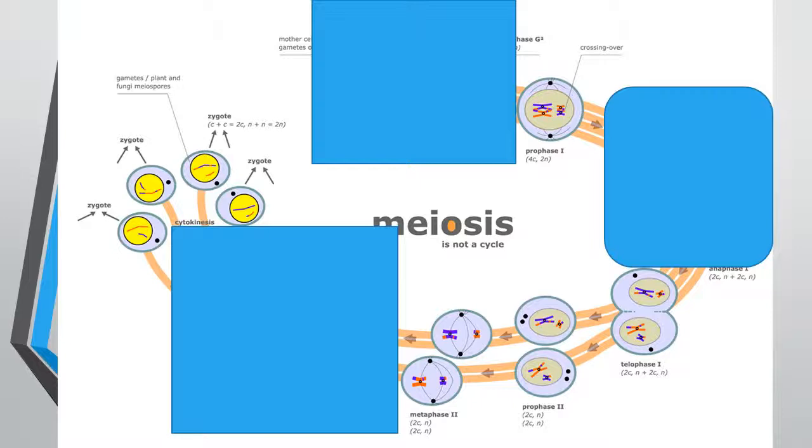Prophase 1 will cycle down into telophase 1, and that's where the one big cell will split apart into two cells. Then in metaphase 2, the chromosomes line up in the center and are pulled apart, producing two cells from each of those two original cells.